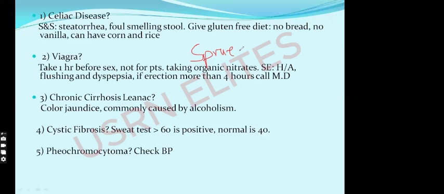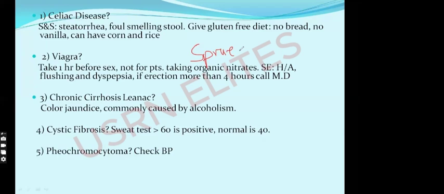You can have amenorrhea, osteoporosis, and all of that. So iron deficiency, anemia, and all of that. You can get them if you have severe forms of celiac disease.